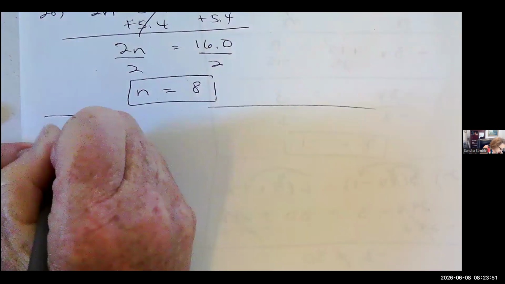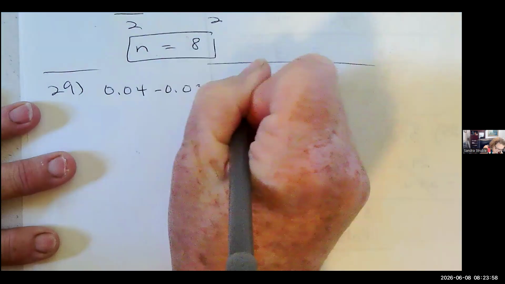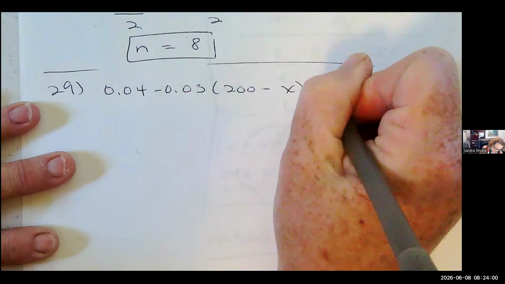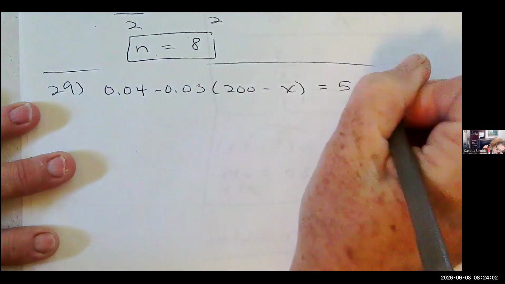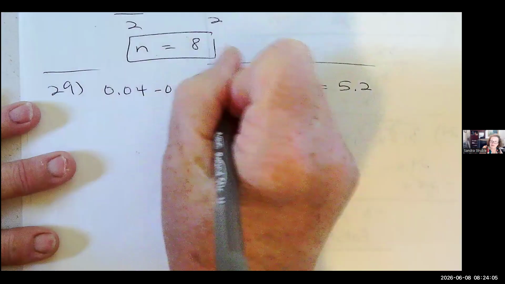29. 0.04 minus 0.03 times (200 minus x) equals 5.2. All right, I need to distribute before I can combine my like terms.